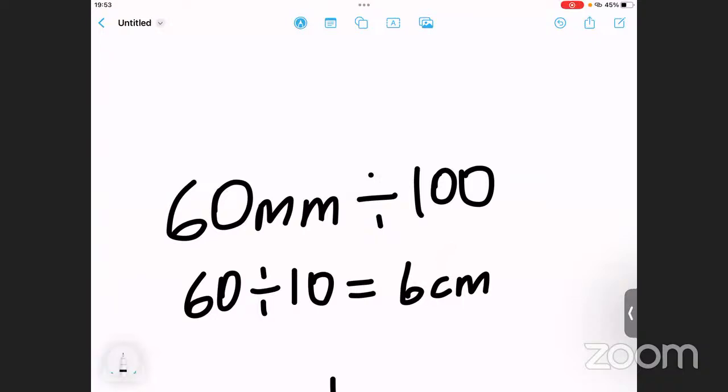No, it's not 100, it's 1,000. Yes, then from millimeters to centimeters, is it not 100? No, sir, it's 10.